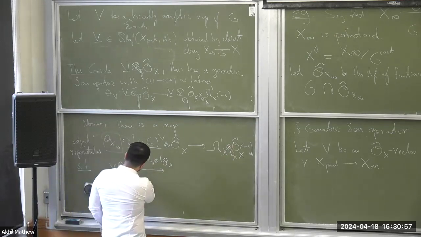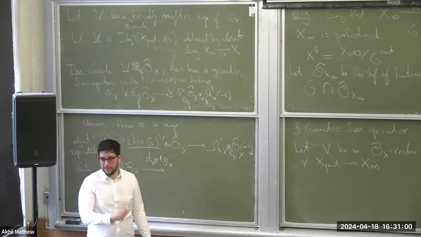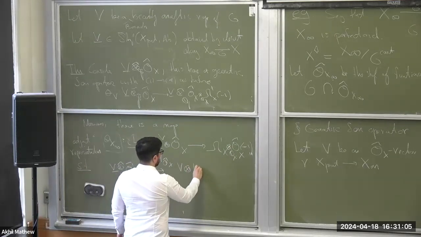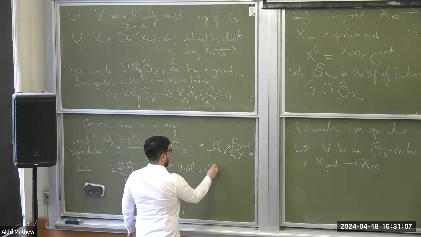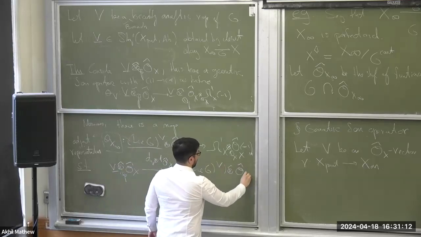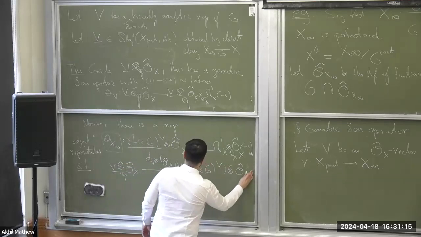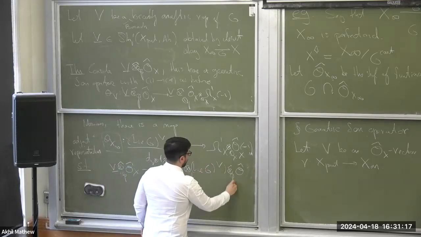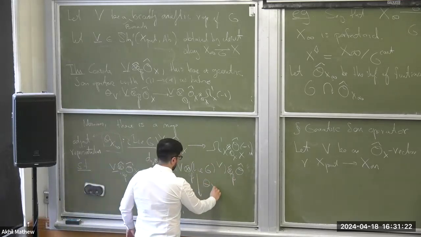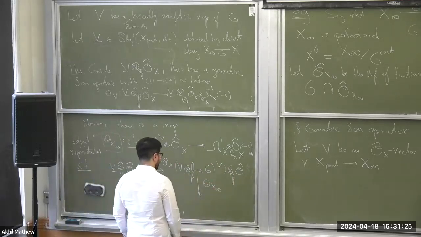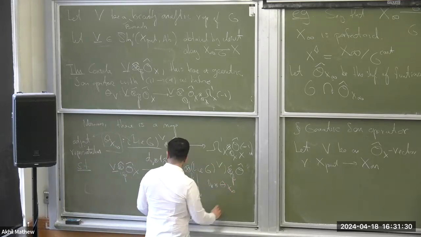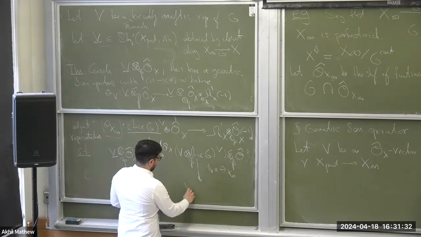First you take B and differentiate it, since it's a locally analytic representation, and construct this connection. Then you can apply this map, and this produces a mapping.